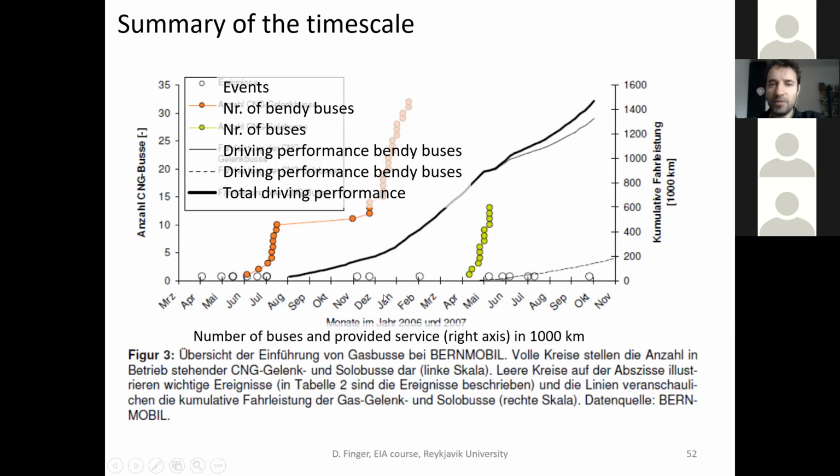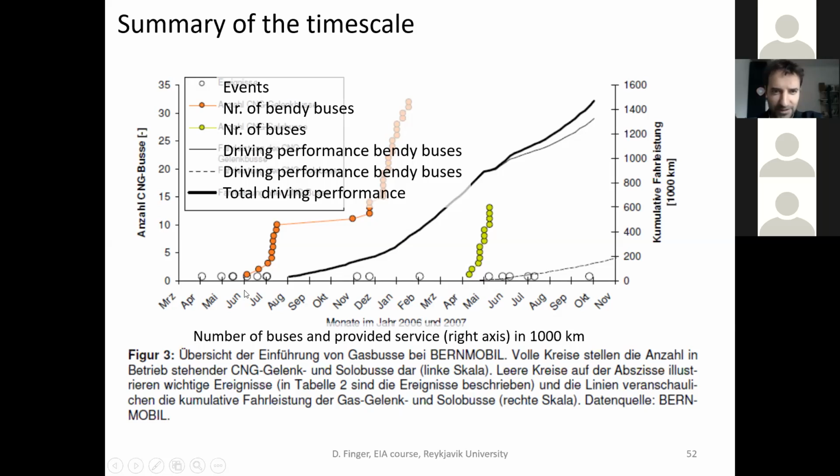We also described the cumulative service the buses provide, how many kilometers they have been driving. Here you can see almost 1.4 million kilometers driven by the bendy buses and almost 200,000 kilometers by the solo buses.